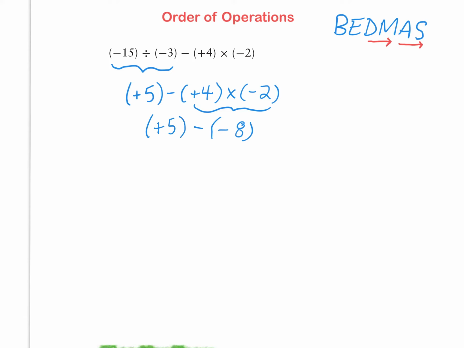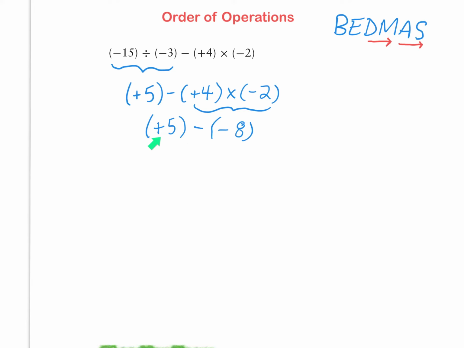And our last step here: we got rid of the division, we got rid of the multiplication, we're on to adding and subtracting. There is a subtraction, so we ask ourselves, using the temperature model that I like to do, if the temperature started at positive 5 and I took away 8 degrees of coldness, what would happen to the temperature?